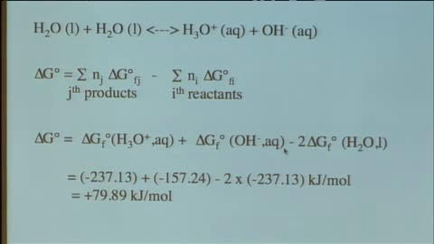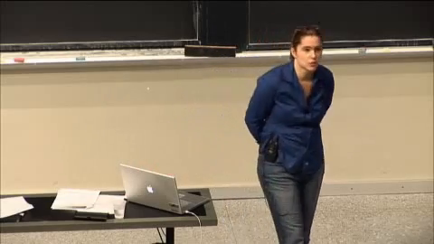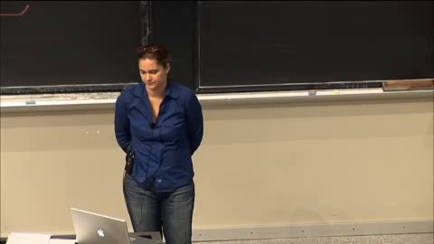So we have a positive value here. So without doing any more math, which we'll do in a minute, do you expect a large or small value for K, the equilibrium constant, if delta G naught is positive 79.89 kilojoules per mole?